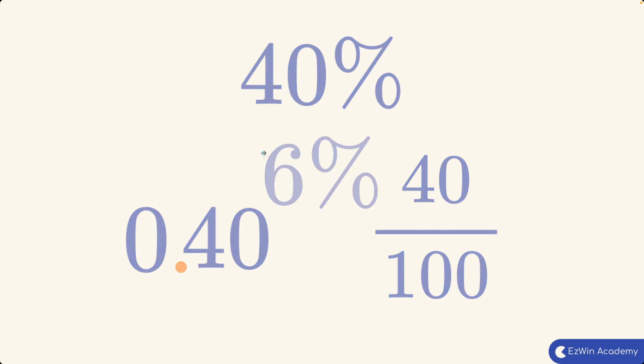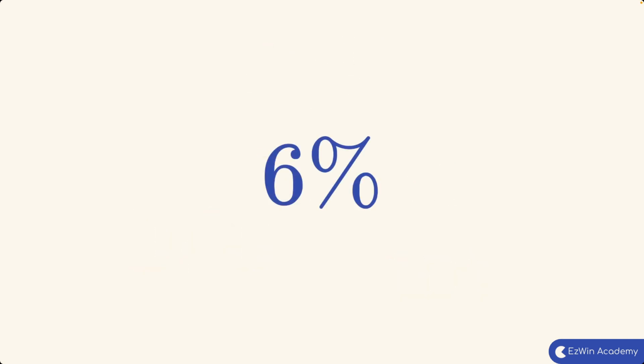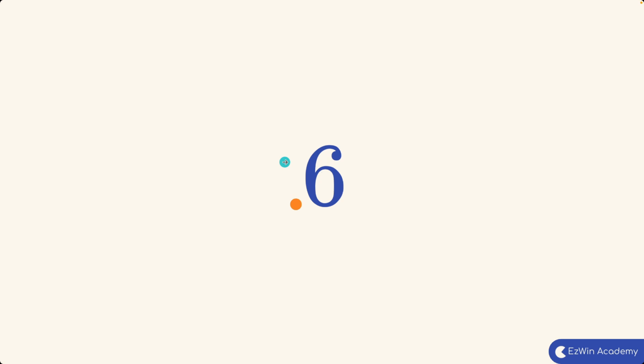Now let's have another example. What about a single digit percent? How do we convert it into a decimal? You remove the percent sign and put a dot, and move the dot 2 places. But in the first place, you don't see any number. So what you need to do is add a 0 and then move the dot forward and add another 0 at the front.